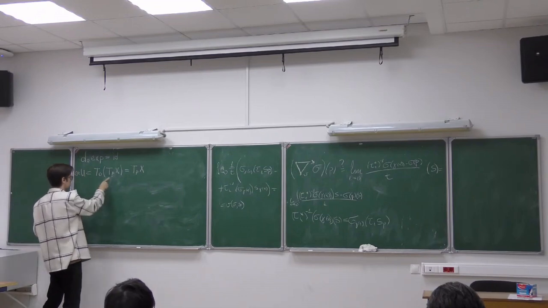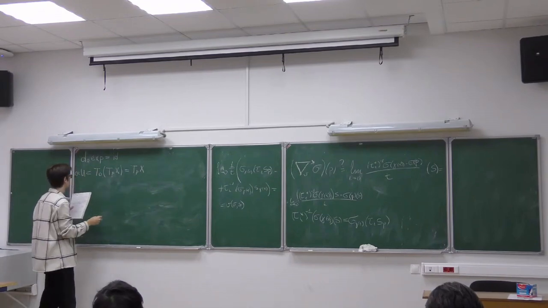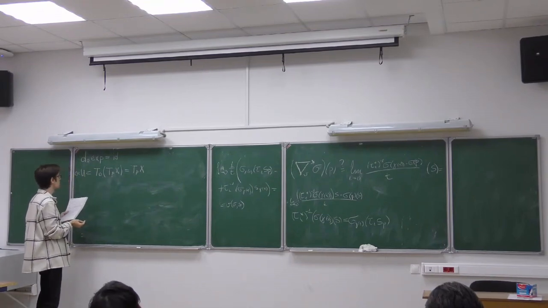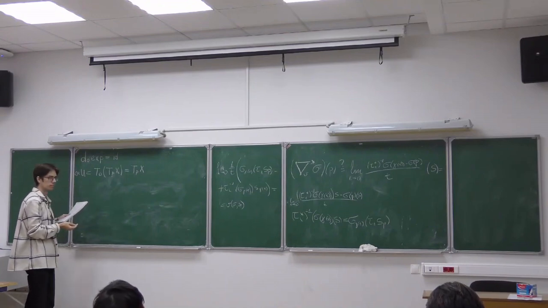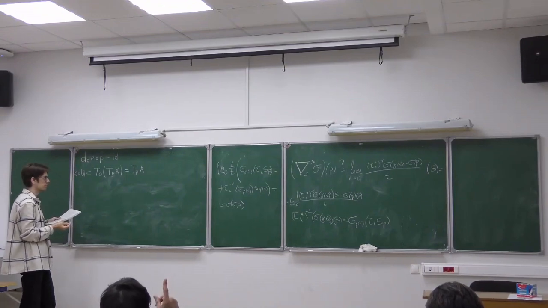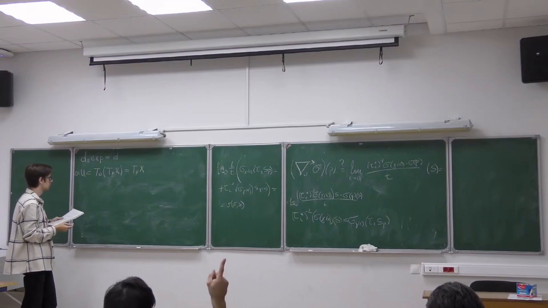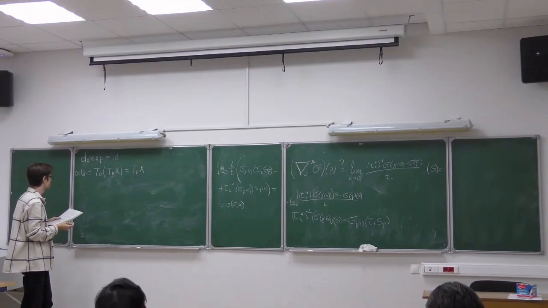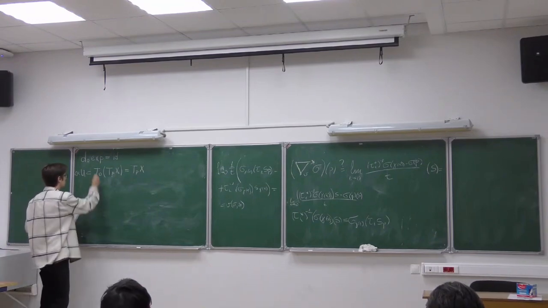Yes. This identification is that you have a straight line curve going along some vector, and on the other side you just take this vector. So this is this identification.